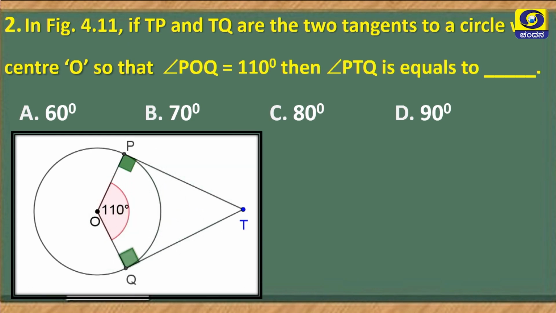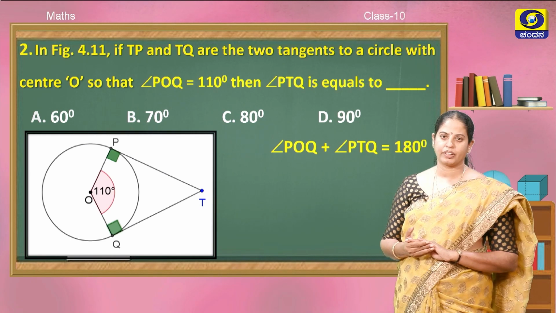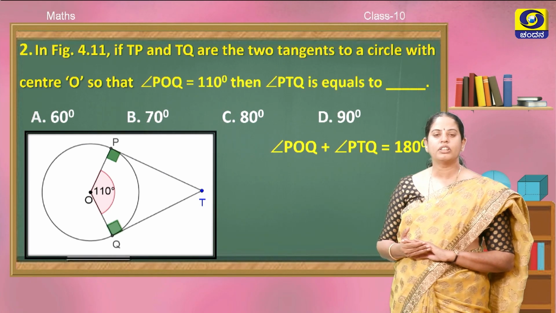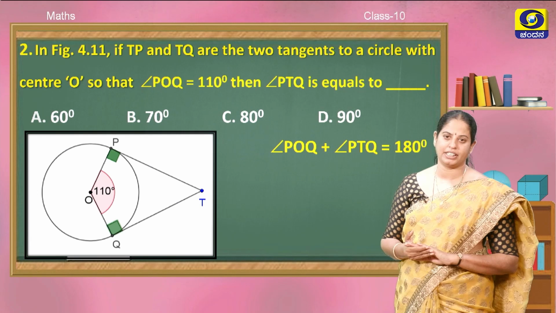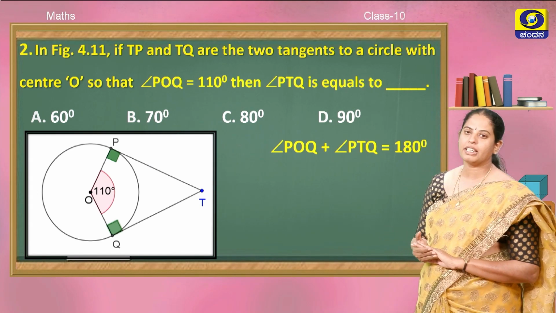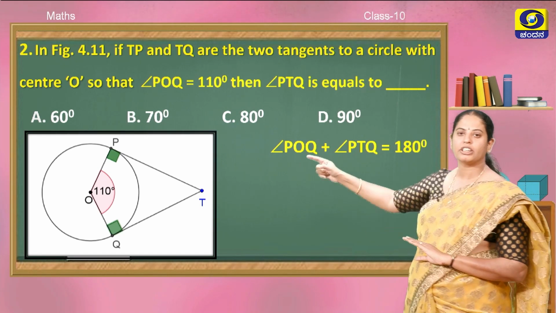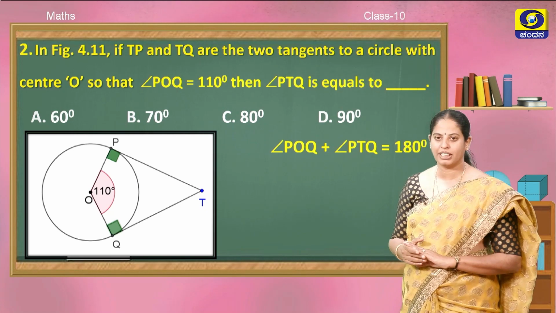Now, you can observe the changes, but observe what is this: OPTQO. OPTQO is a quadrilateral. Angle POQ plus angle PTQ must be 180 degree because the other two angles are already 180 degree.